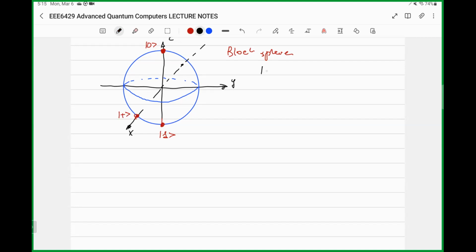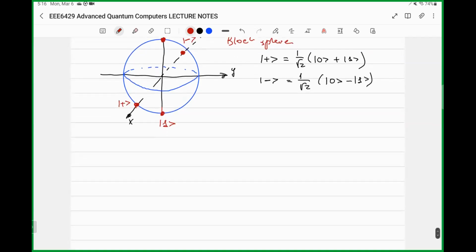I remind you that the state plus is nothing but the superposition of the state 0 and 1. And also minus. The state minus is basically the same, but with a minus here, so you change the phase of the qubit. This is the state plus on the Bloch sphere, and collinear to it on the opposite side of the sphere is the state minus.